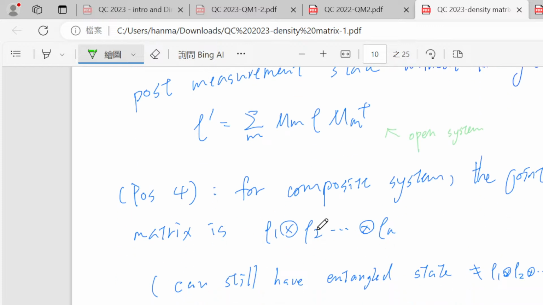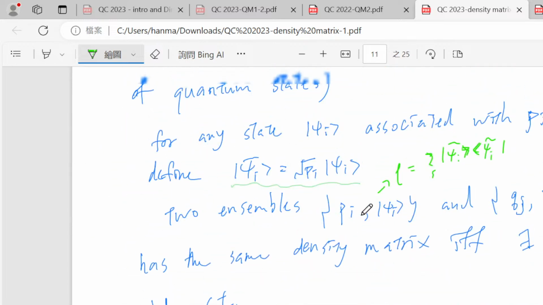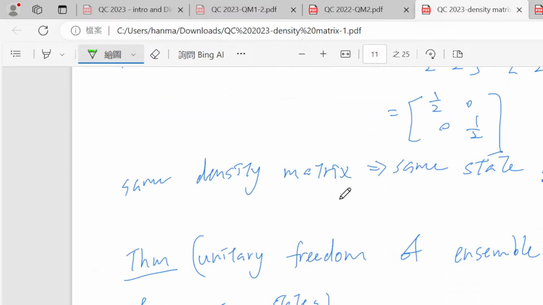And then when you have many systems, you will have a joint Hilbert space, and your density matrix is a superposition of density matrices tensored with each other. And then you have equivalence of density matrices: the mapping from ensembles to density matrices is many to one, so many different ensembles can give you the same density matrix.